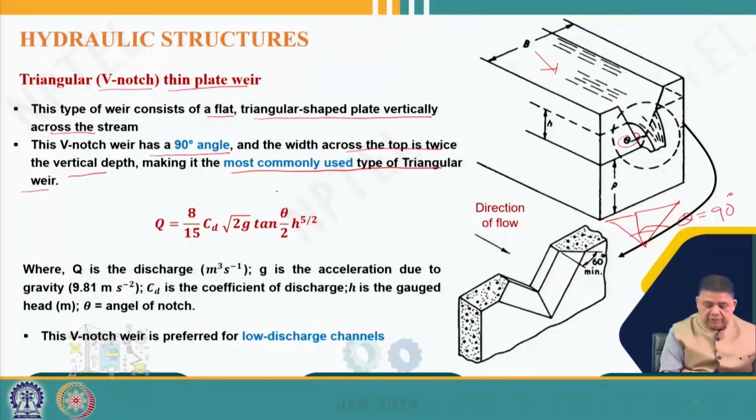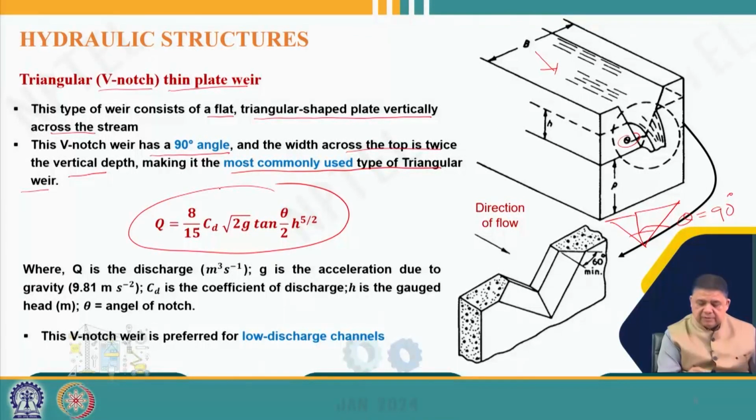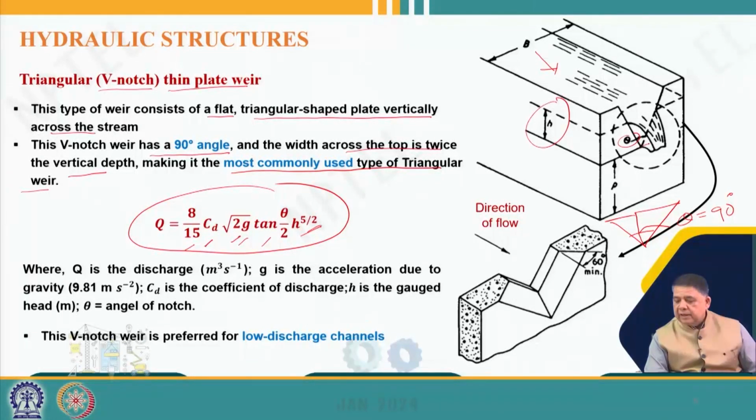And the formula for calculating discharge by this triangular weir is given here, and it is 8 by 15 CD root 2G tan theta by 2 H 5 by 2. So, CD, G, H we already know. The head measurement remains the same, at the top of this V point here, and at a distance of 3 to 4 times H we measure this using a point gauge or hook gauge.